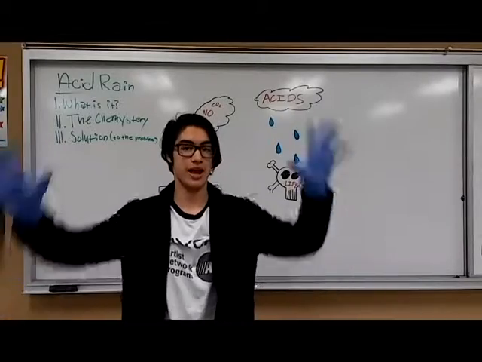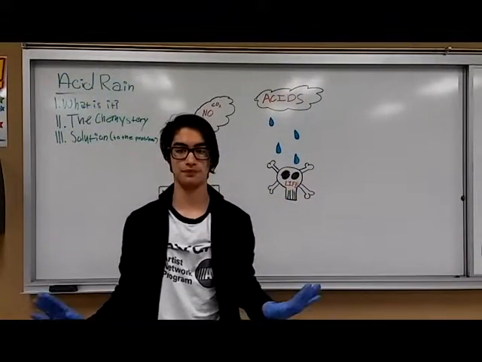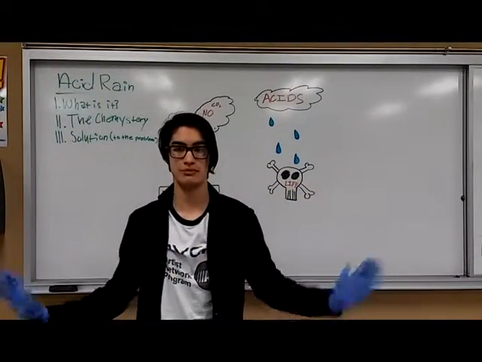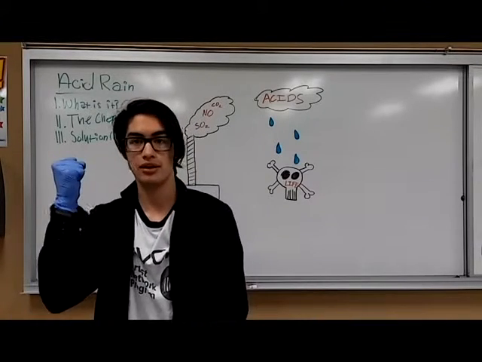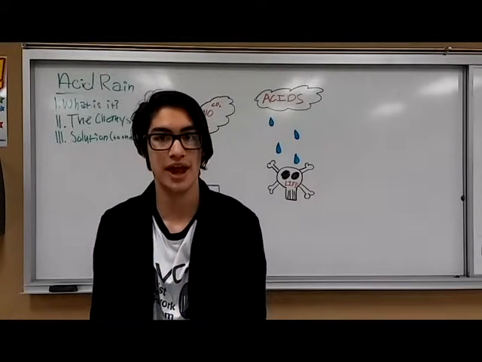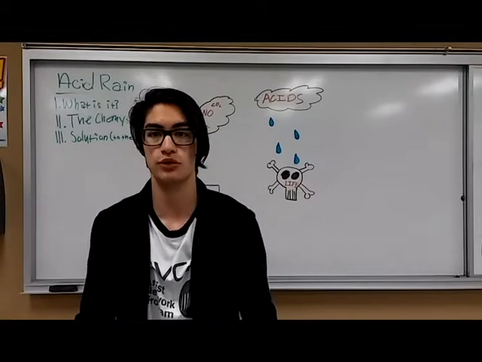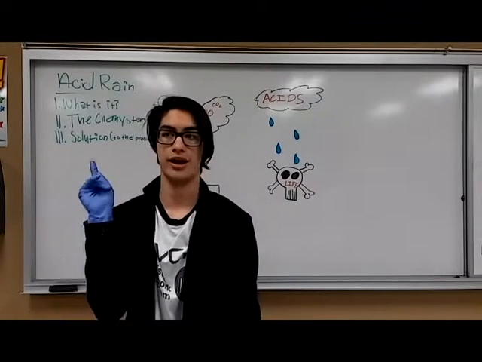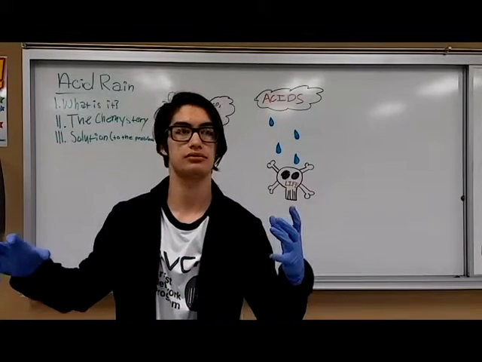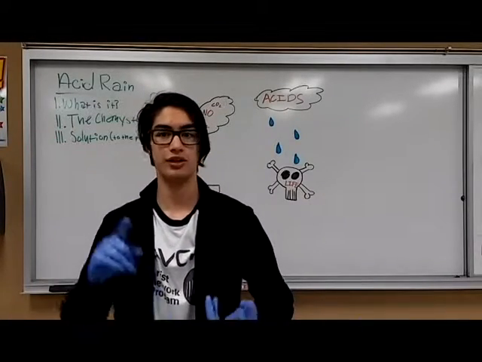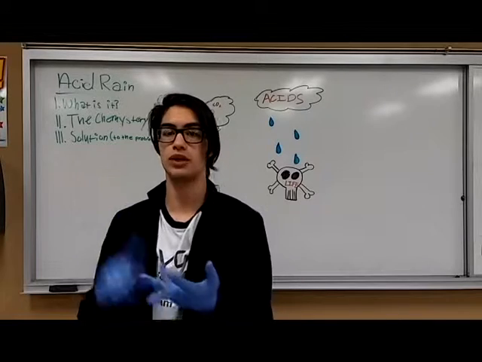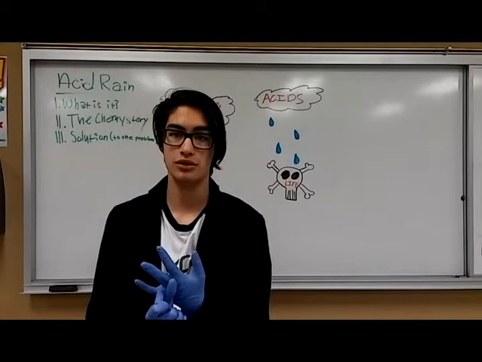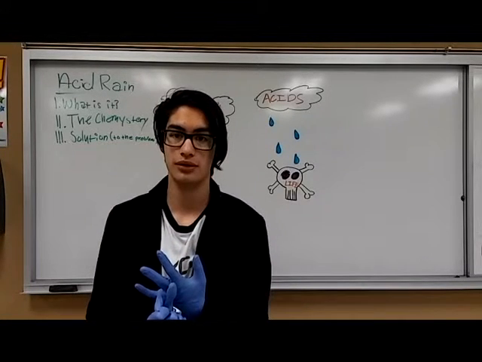Eventually it will rain down into streams and ponds. All of this has traces of nitric and sulfuric acid in it, which means that it will erode rocks, get into our water supply, and it will kill Nemo. You don't want to kill Nemo, do you?